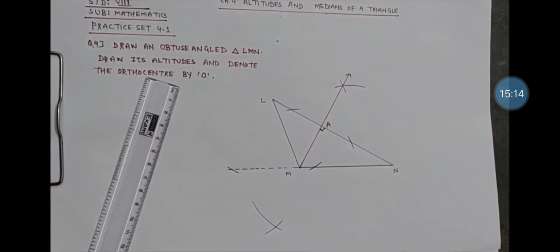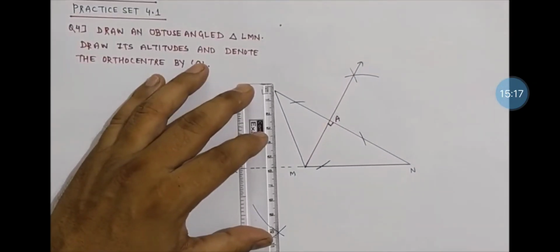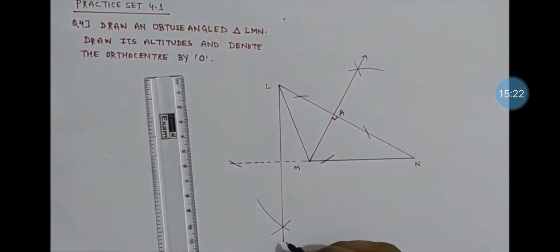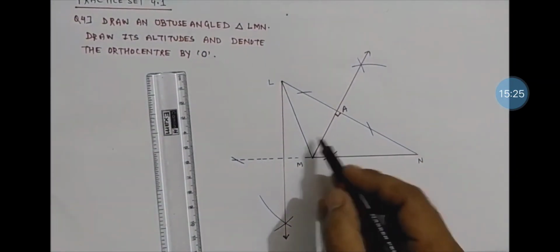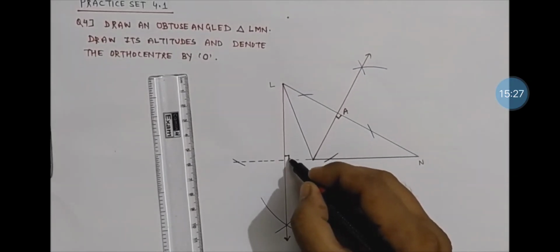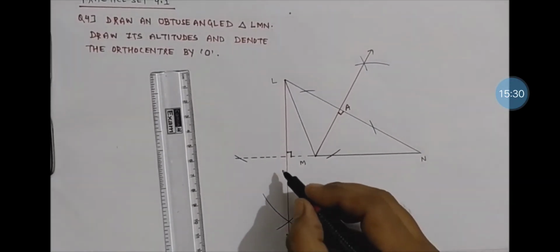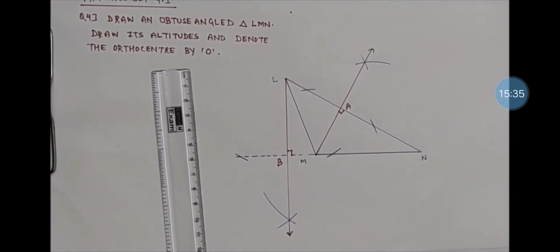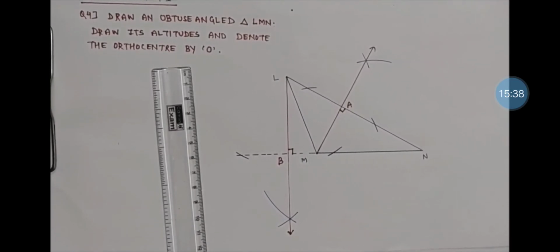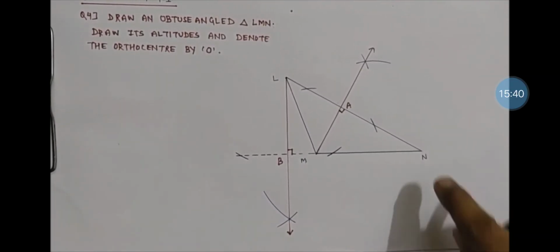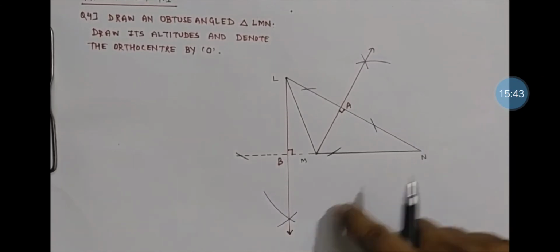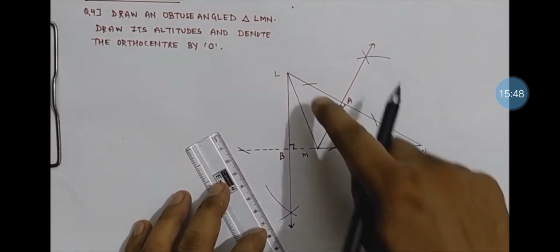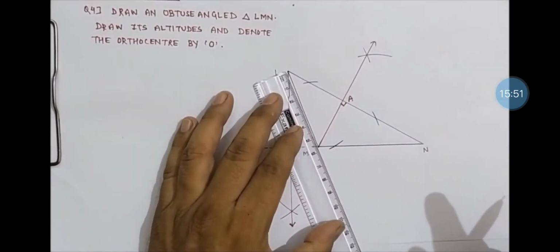Now join point L and that arc point. Now from point L, you have to draw altitude on line MN.